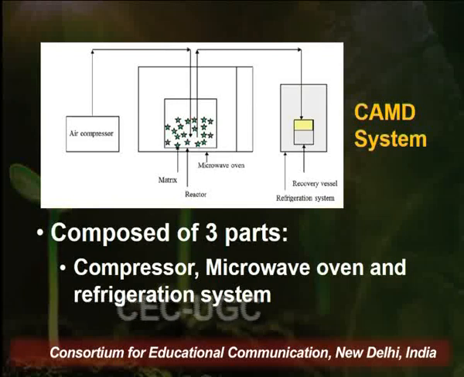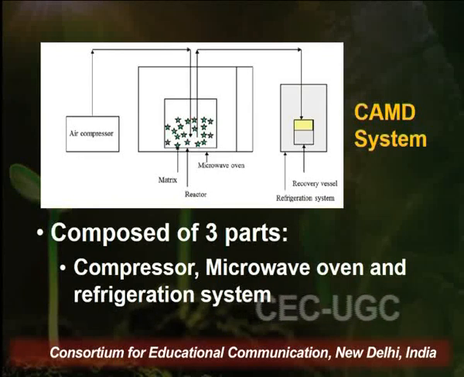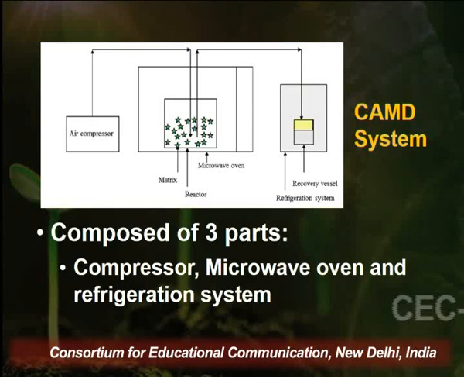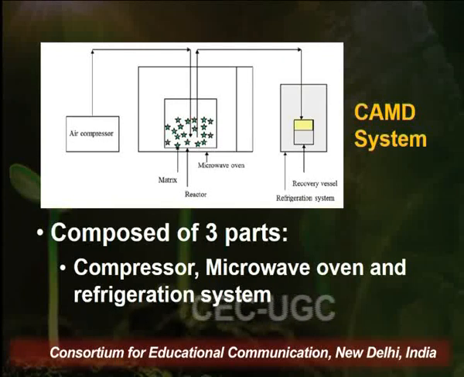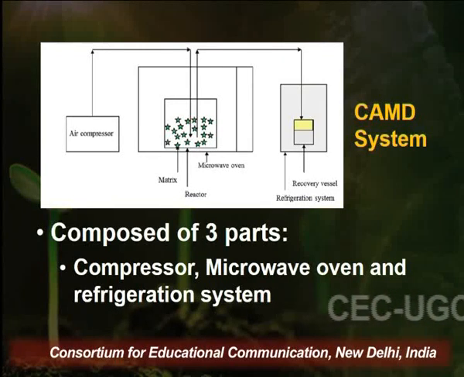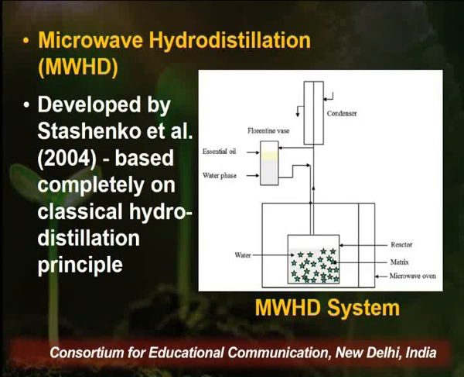And since the plant material will contain a small amount of moisture, water and volatile constituents are condensed in the refrigerant system, and since both are immiscible, you can always separate out the volatile oil or the constituents that are obtained from the plant.